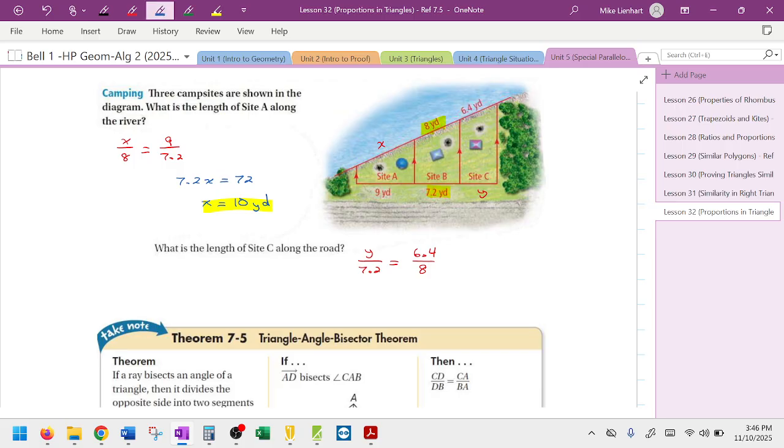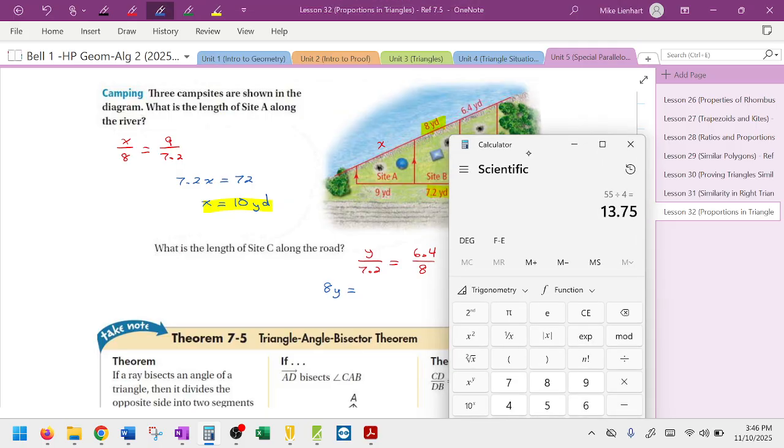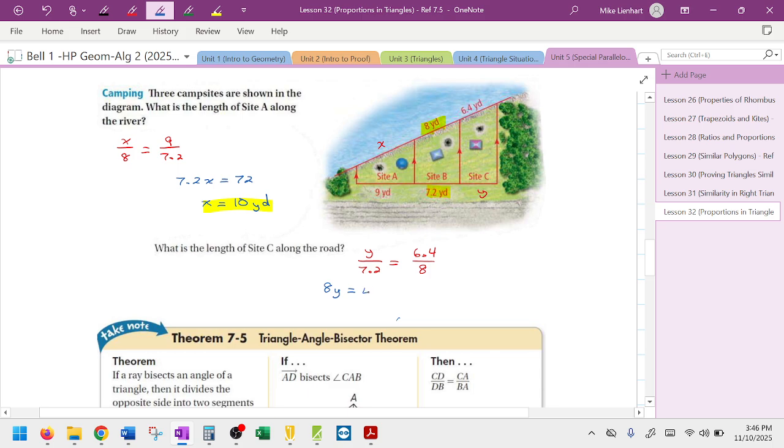And if I cross multiply here, I get 8y is equal to, let's use a calculator to help me here. 7.2 times 6.4 gives me 46.08, and divide that by 8. So y would be equal to 5.76 yards. Notice I didn't round it. Why didn't I round it? Because they didn't tell me to.